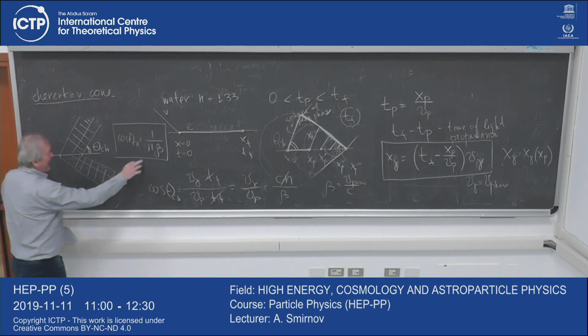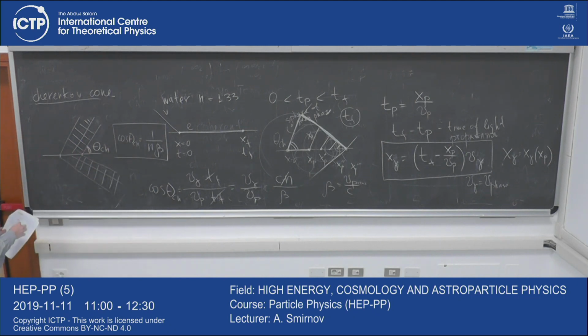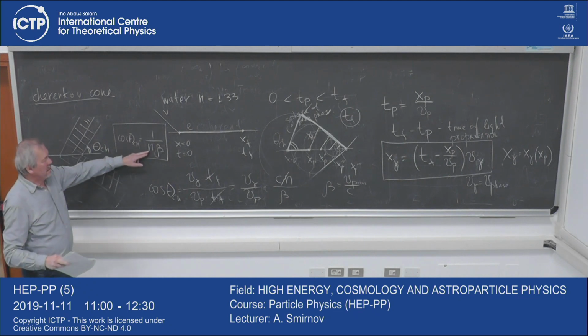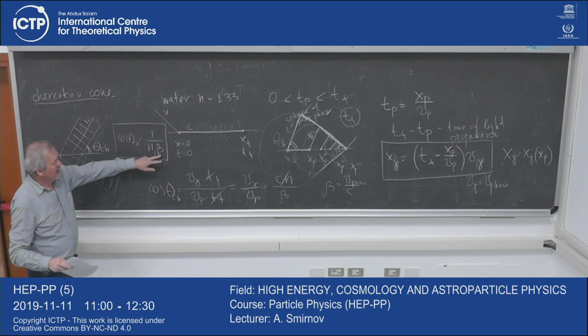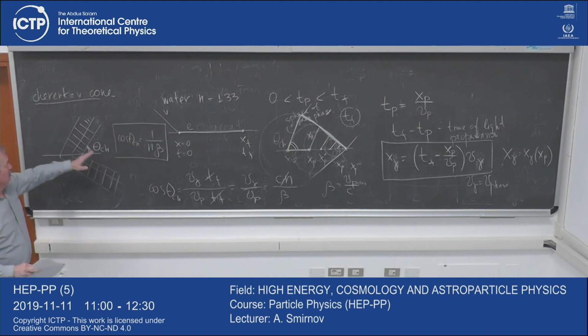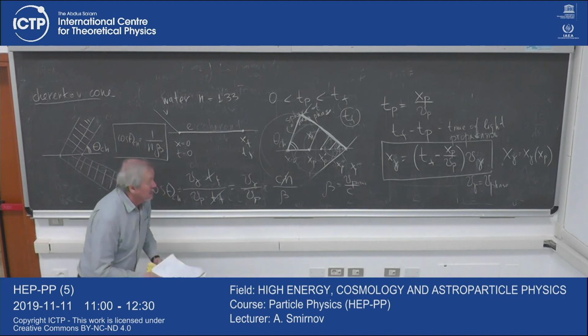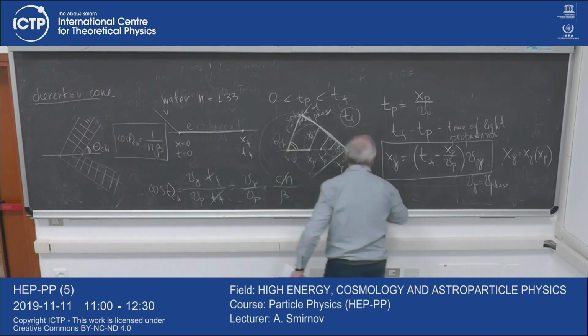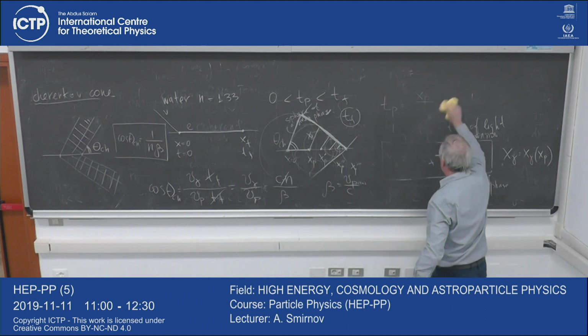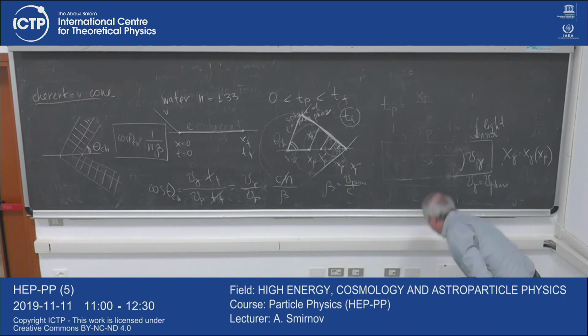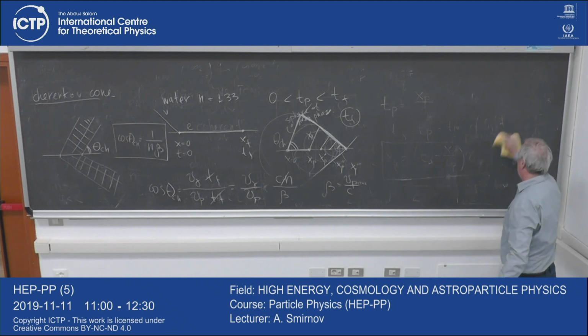Now, if beta decreases, and so n times beta is becoming closer to 1, then what happens is that the angle decreases. So the angle is decreasing. Let me show you what's going on. This is the answer to your question, what's going on if you have energy loss of the particle.